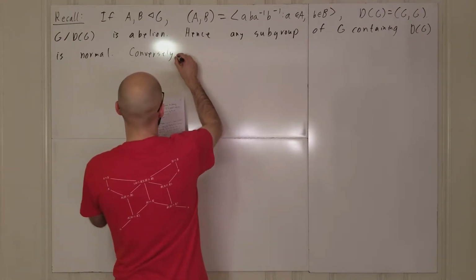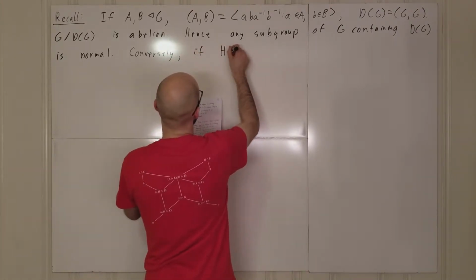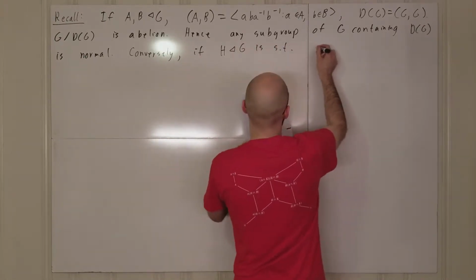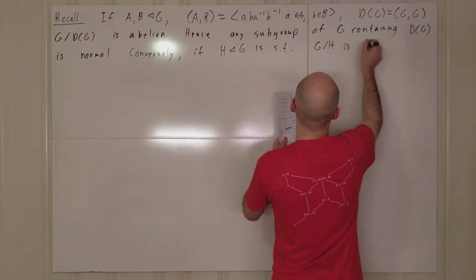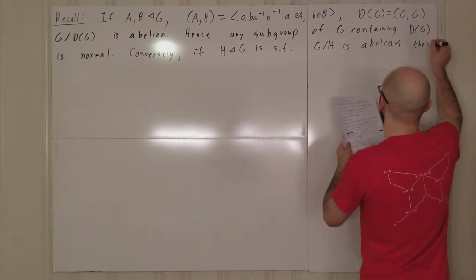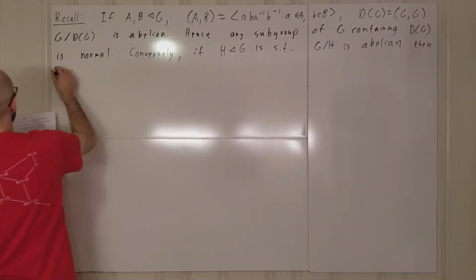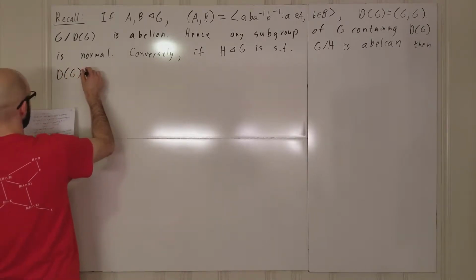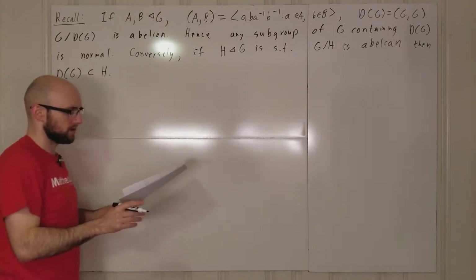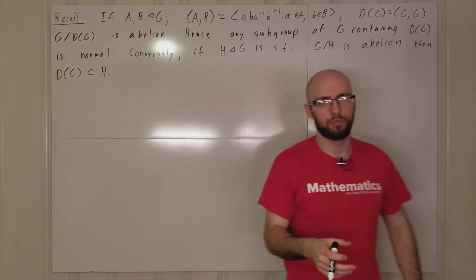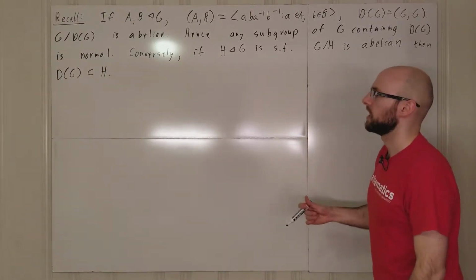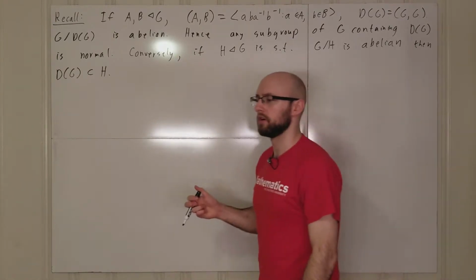Conversely, if we have some normal subgroup H of G, and G mod H is abelian, and this is actually going to be something new, I think, then D of G is contained in H. And this uses an exercise from one of the exercise sets from my class, and I don't think I'm going to get around to doing all those exercises.